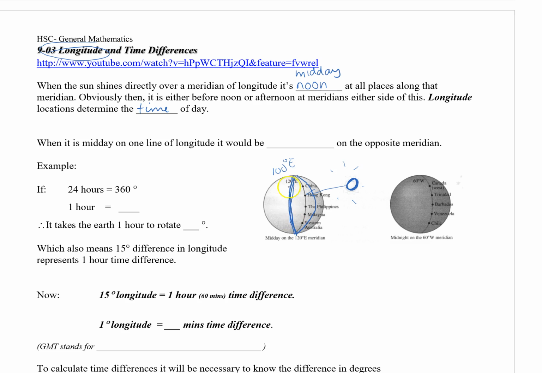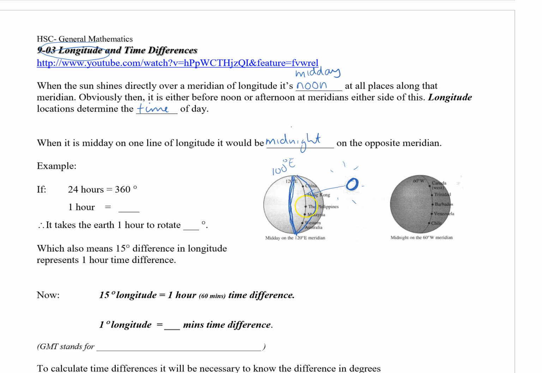Now, the other thing we have to think about is that this meridian also continues over. It's got a matching one around the other side. If it's noon over 120, its matching or opposite meridian would be experiencing 12 midnight.